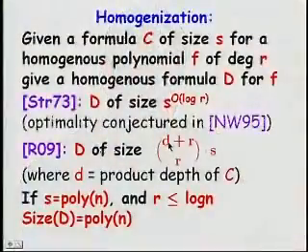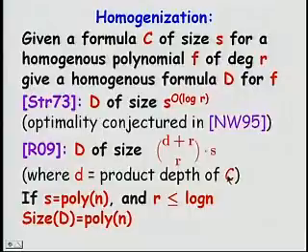And this procedure was actually conjectured to be optimal by several people. The first step of what I described is actually a different analysis of the same procedure that shows that D can be taken of size (d+r choose r) times S. Here d is the product depth of the formula C when the fan-in of every gate is 2, and r is the degree. It's not really important what exactly this expression is.